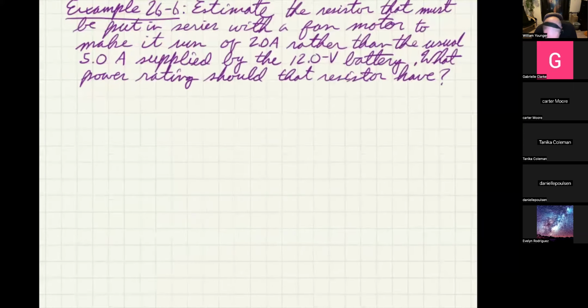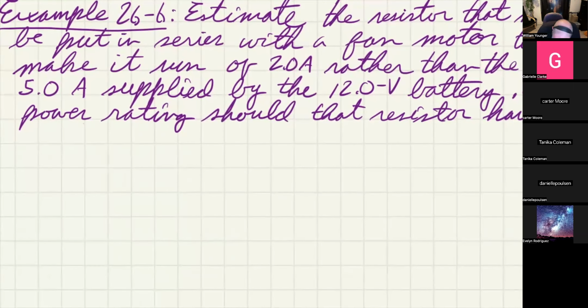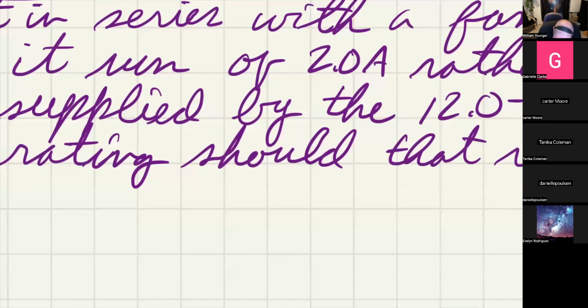So that's a good question, because not only is it asking you how to design something, it's also saying, okay, let's make sure not only that we do this, but that we spec the right resistance, because if we get the right resistor but not the right power dissipation, then it's going to burn up lickety split. So that would be a pain.